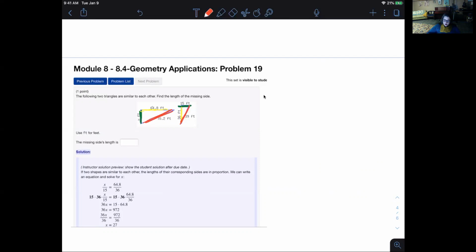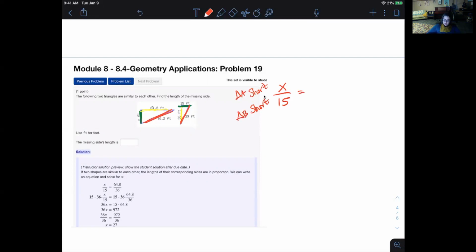I'm going to use the yellow sides. No, that's actually what they used. Well, it's fine. So if I say x over 15, that means this is my missing side, my short side, over the other short side. So they did short side over short side of triangle A over triangle B.